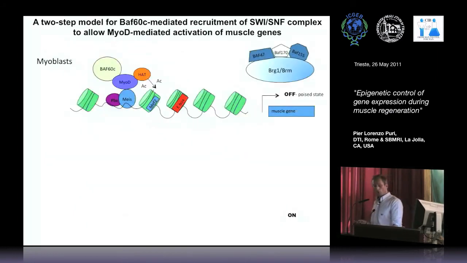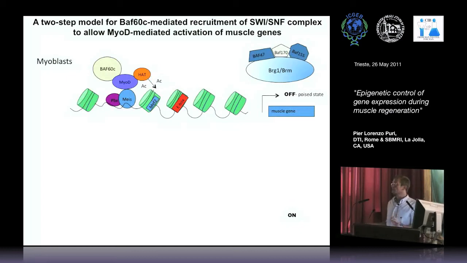So the overall model is now that in the absence of differentiation cues, myoblasts sort of expose an epigenetic mark just to let the SWI/SNF complex know where to reach the MyoD target genes.